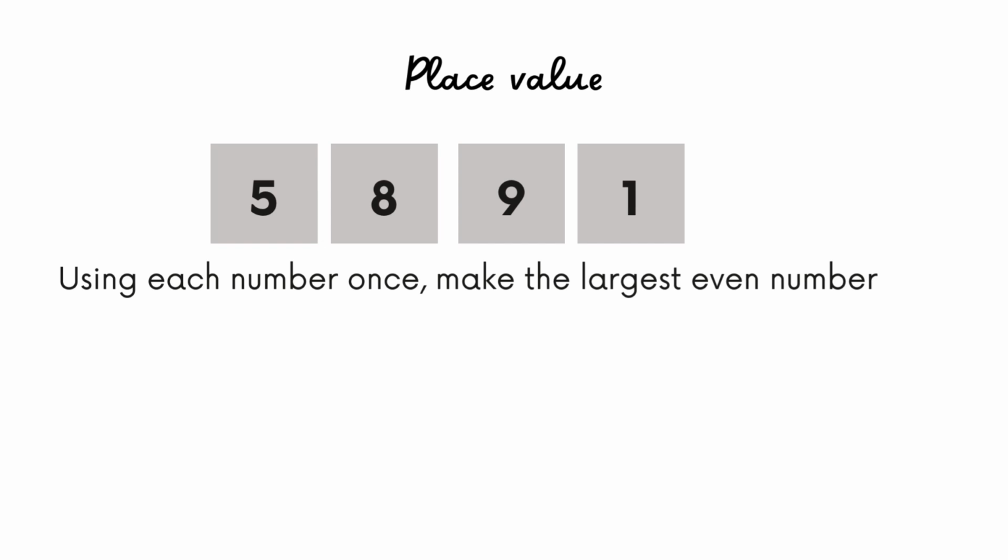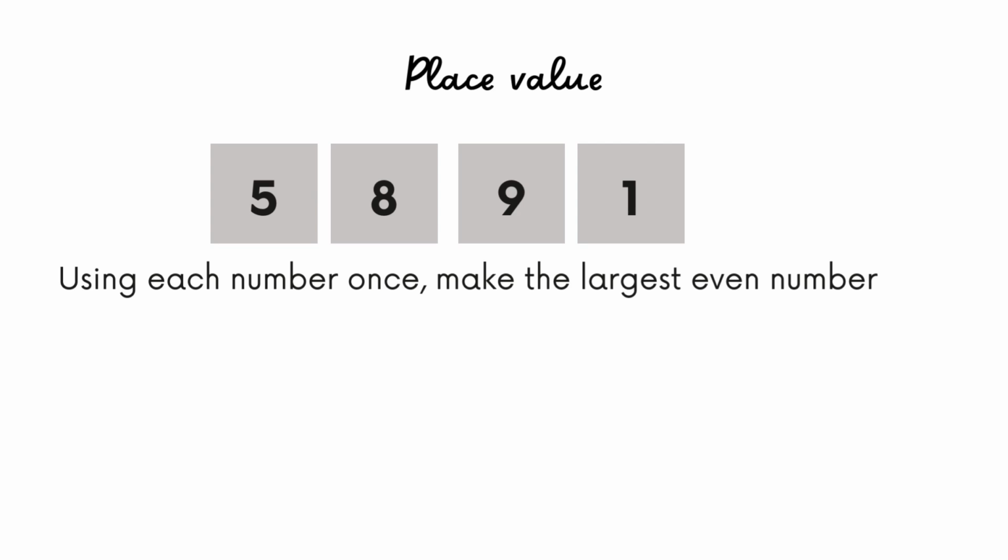Another example, using each number once, make the largest even number. Now we are not just making the largest possible number, we're making the largest even number. For us to have an even number, the very last digit of the number has to be even. And if we look at all the numbers here, 5, 8, 9, and 1, the only even number is 8. So that means that our 8 will be the last number. Our 8 has to be under the units, and then we can rearrange the other numbers according to the largest.